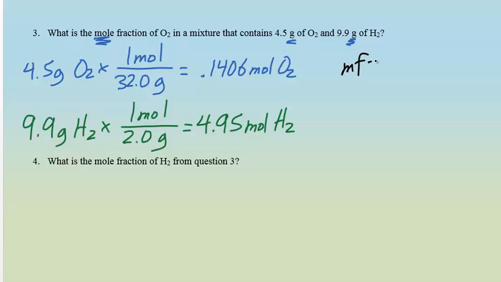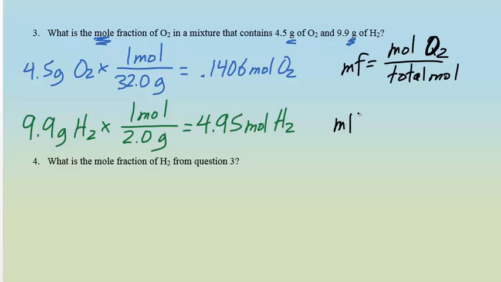We are now ready for our mole fraction. Mole fraction is equal to the moles of our one substance, oops, that should just be an O, our O2, over not just the moles of H2, but over the total moles of your whole entire substance.